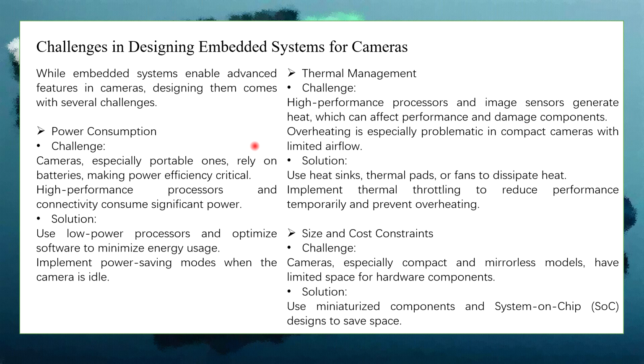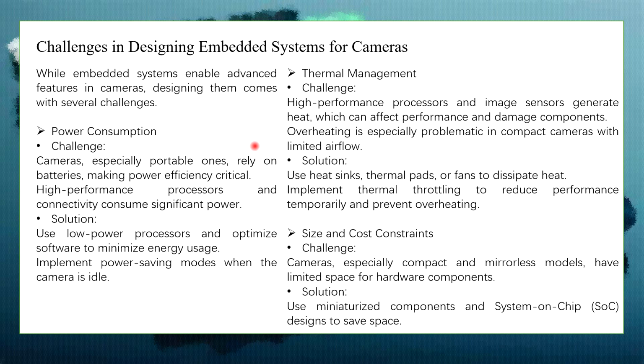Thermal management. Challenge: high performance processors and image sensors generate heat, which can affect performance and damage components. Overheating is especially problematic in compact cameras with limited airflow. Solution: use heat sinks, thermal pads, or fans to dissipate heat.